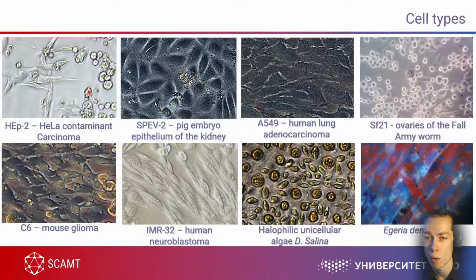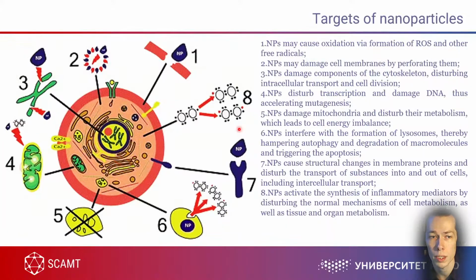And among all of these cell types, there are some similar processes connected with, let's say, response to nanoparticle introduction. Some processes are similar and some are not very similar. Because of this, we need to understand how to make images, visualization of this process, or how to understand if this process occurs or not. So, what can be the target of nanoparticles?